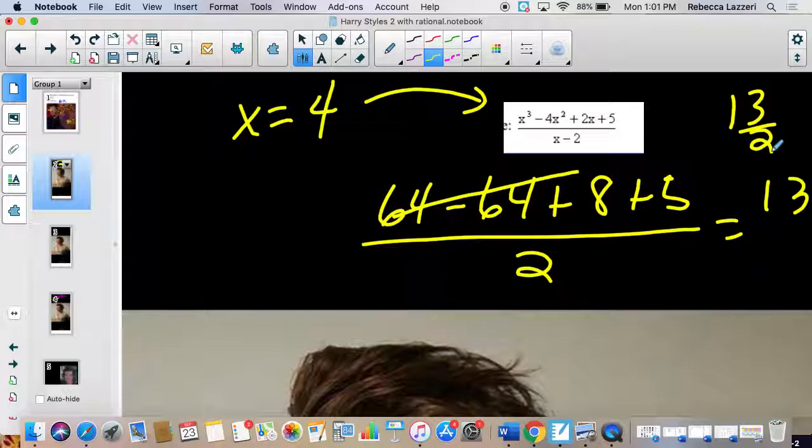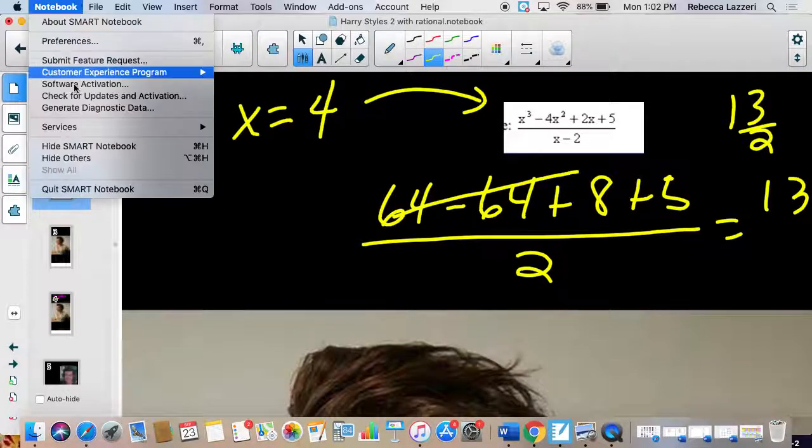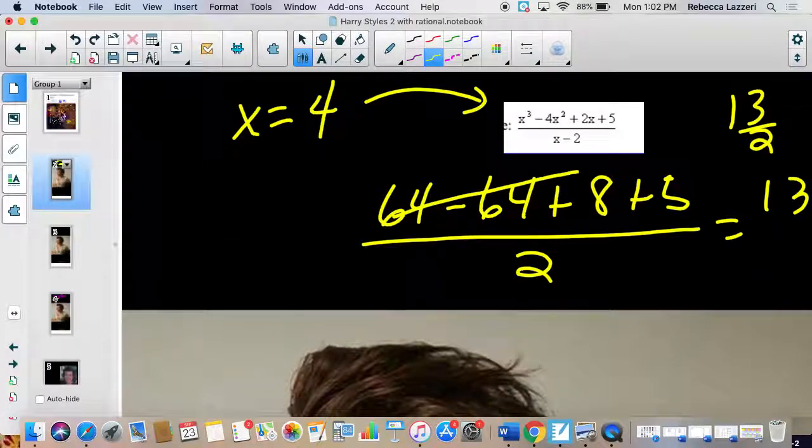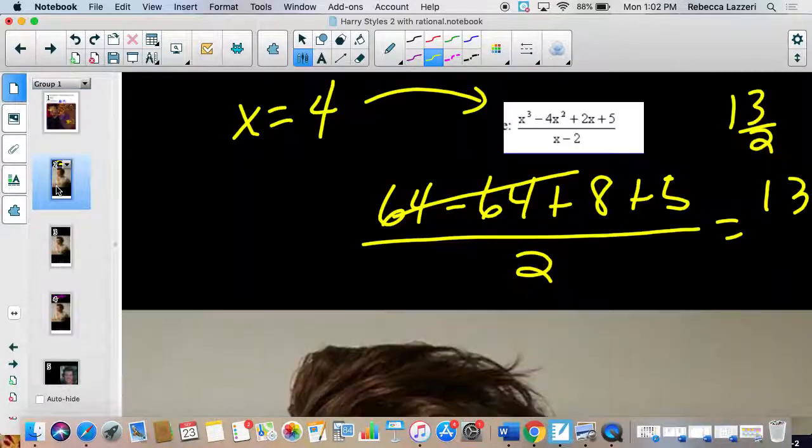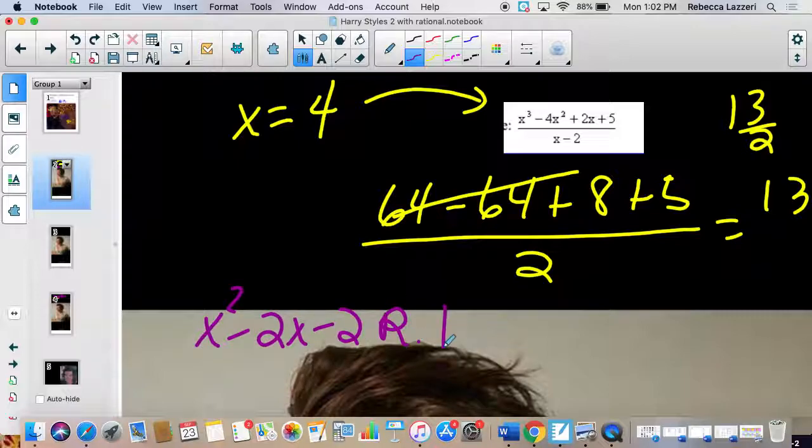Now let's go back to the answer that we got, hoping that I did it right with all the stopping and starting in that problem. For our answer, we got x squared minus 2x minus 2 with a remainder of 1. What was our x for our little prototype here? 4. So let's fill it into our answer.